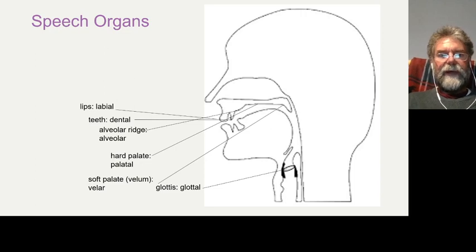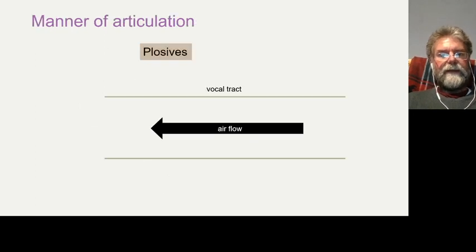Let's have a look now. We've seen the organs that are used and the kinds of places where they are. Let's have a look at what you do with those organs to produce sounds. This aspect of producing sound is often referred to as the manner of articulation. The kinds of things we've been looking at previously are often referred to as the place of articulation.